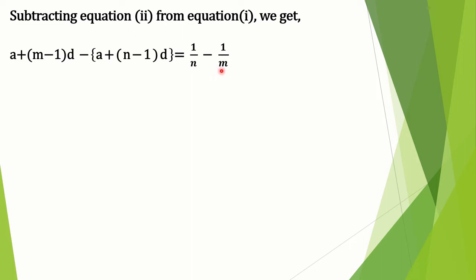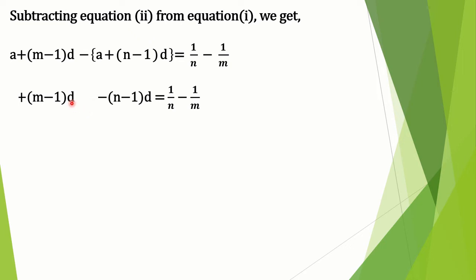Is this clear? After this, we can open the bracket. Since there is a minus sign, this minus will change plus into minus. So you can check, we have got minus a and minus (n minus 1) d. Now this plus a and minus a can be cancelled.